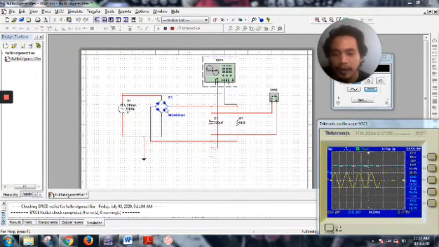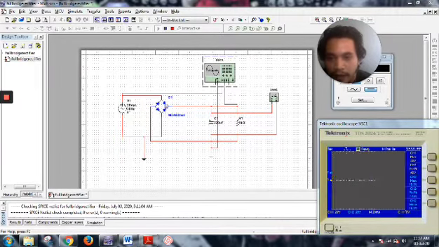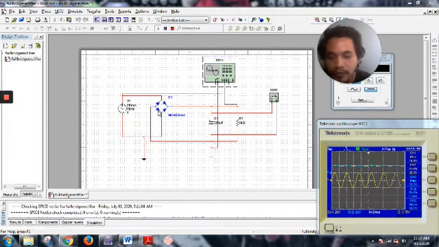So I'm going to explain the positive half cycle. Diode 1 and diode 2 are in series, while diode 3 and 4 are reverse biased.